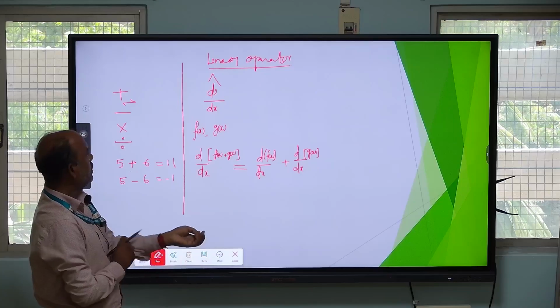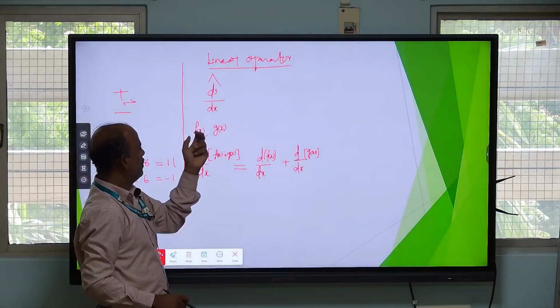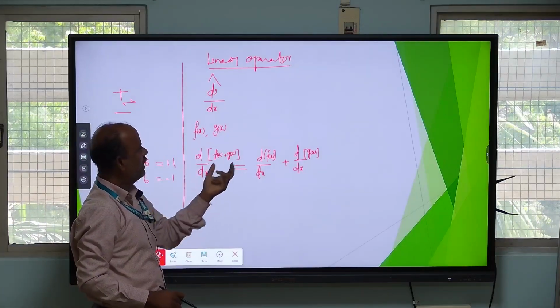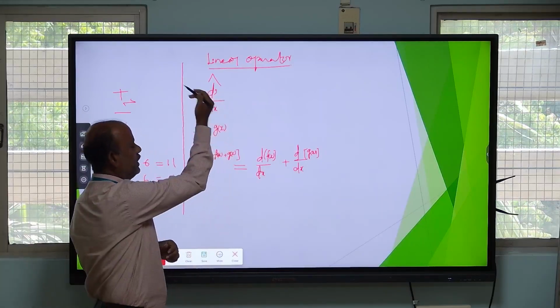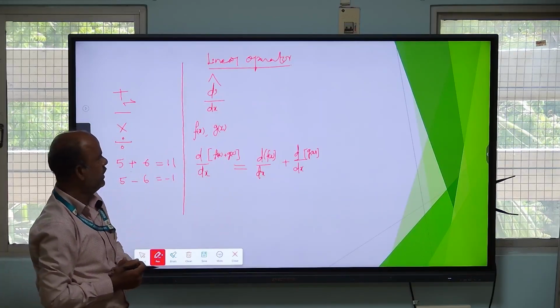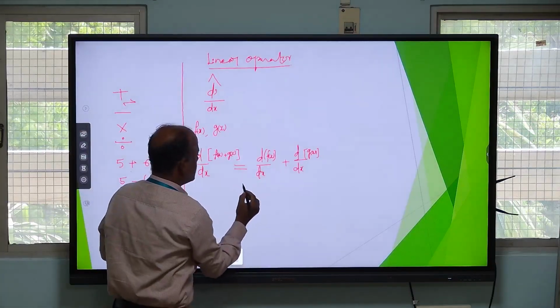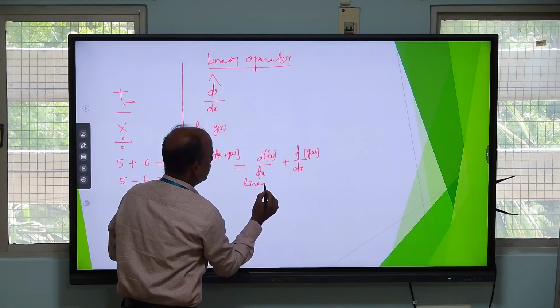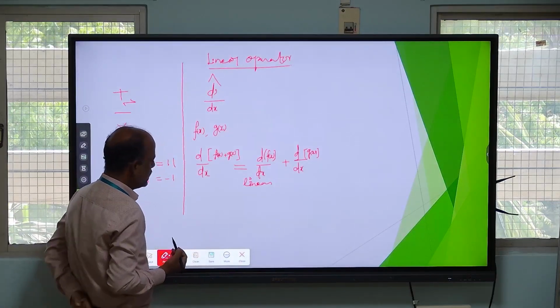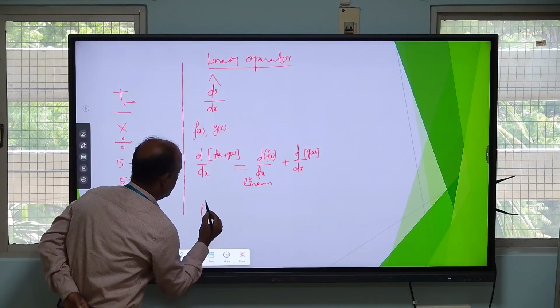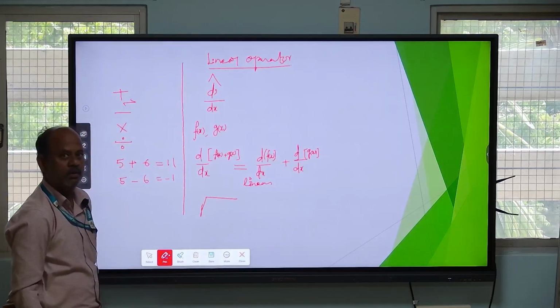If the left hand side and right hand side are equal, then the d by dx operator is called a linear operator. Hence it is a linear operator. Whereas, if you take the example of root, this is another operator.